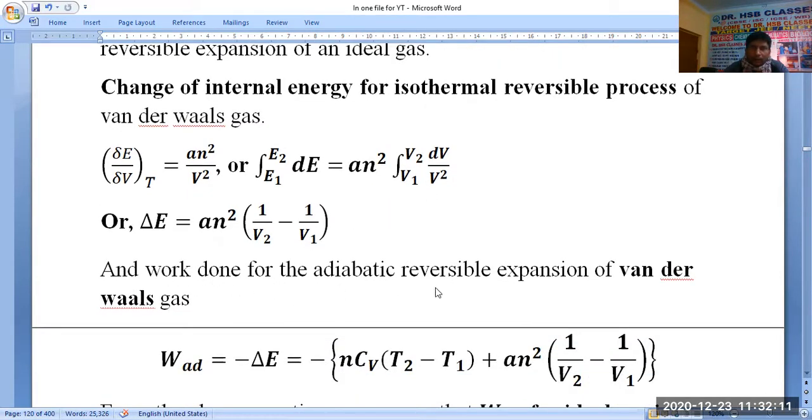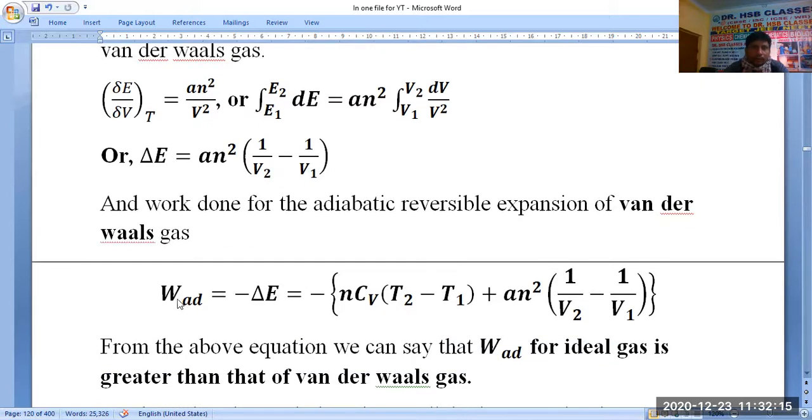And work done for the adiabatic reversible expansion of a van der Waals gas: we know that W adiabatic equals minus ΔE, and dE equals minus Cv dT. That means Cv into (T2 minus T1), and if it is not taken with a negative sign, then it will be initial minus final.